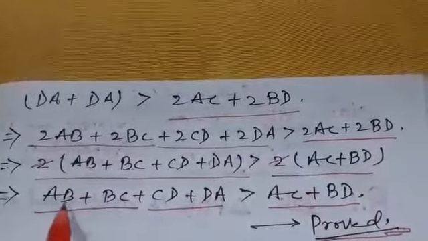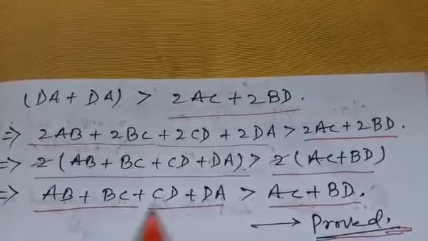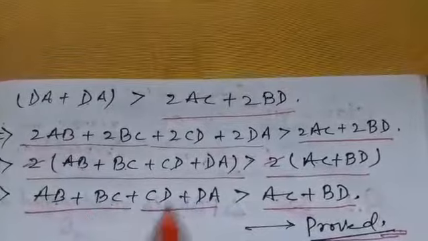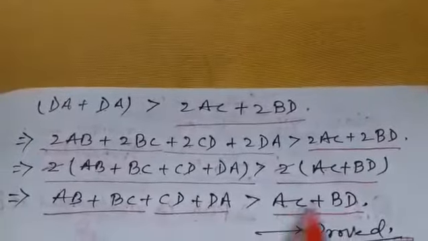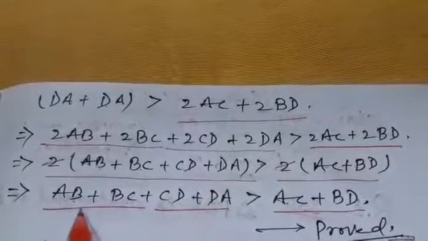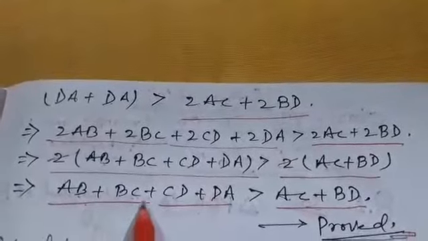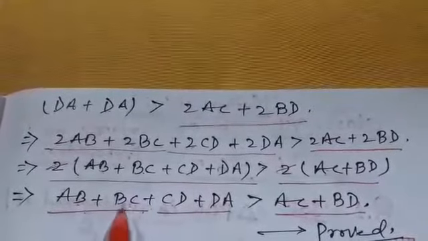These all are four sides of this quadrilateral, greater than the diagonals of this quadrilateral AC plus BD. That is needed to be proved. Hence, we can say the equation is true and the answer of this question is yes.